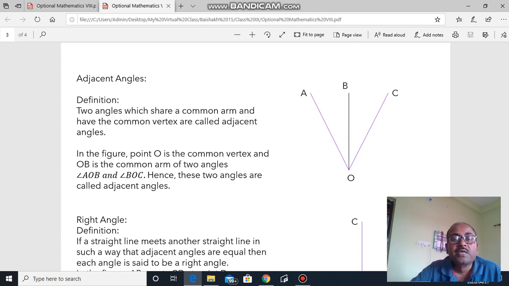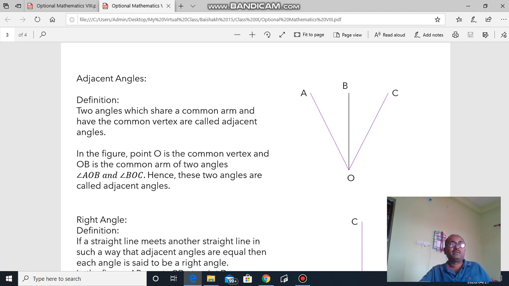What is an adjacent angle? Adjacent angles means there are more than one angle. See in the picture first. There are three lines visible here, AO, BO and CO. It means AO, BO and CO are arms of the angles and O is the vertex.